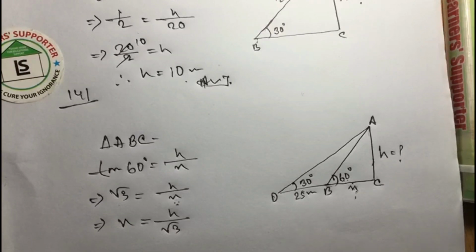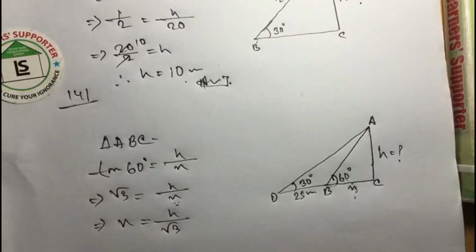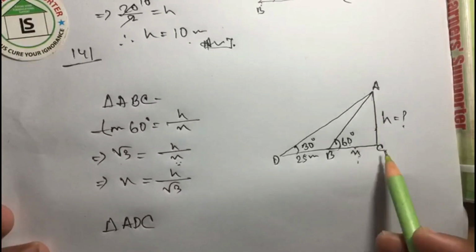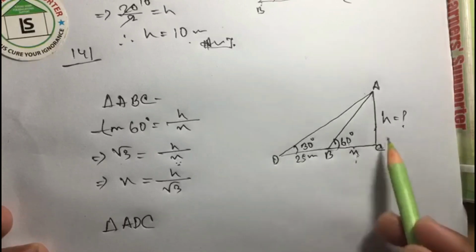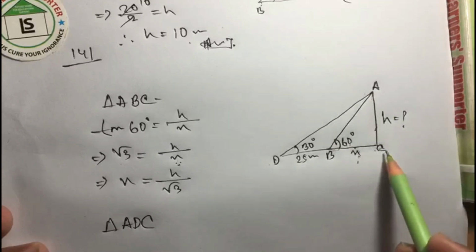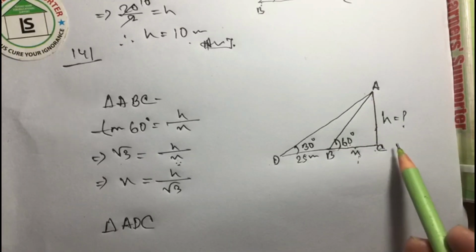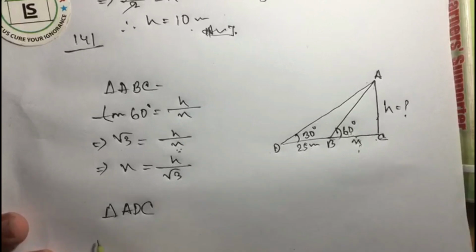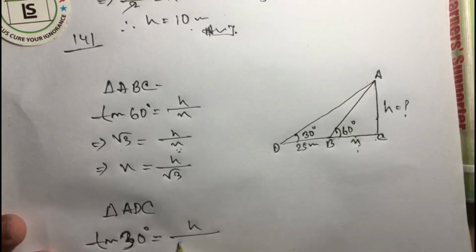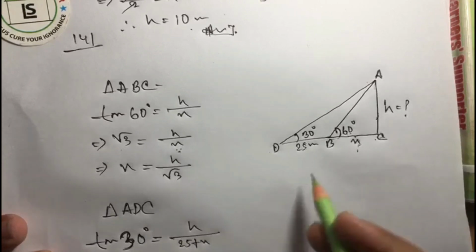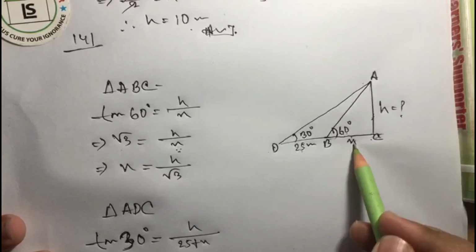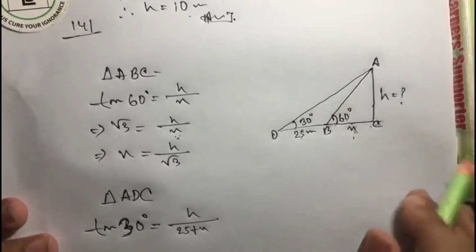Now I will work in triangle ADC. In triangle ADC, I have to find the height AC, and I will make a relation between DC and AC. So DC is adjacent and AC is opposite. The relation between adjacent and opposite is tan. We can write tan 30 degrees equals h by 25 plus x. Because adjacent is DC and DC is 25 and x, I have to write 25 plus x.